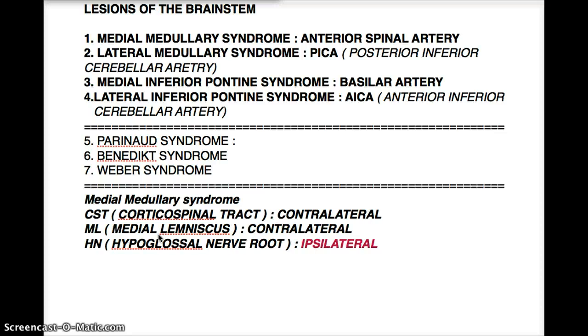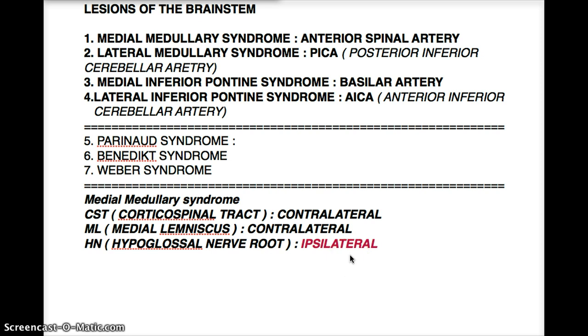And the last but not the least is the hypoglossal nerve root. That's cranial nerve 12, and like I mentioned, cranial nerve 12 originates in the medulla, before the pyramidal decussation. But even then, the hypoglossal nerve stays ipsilateral.